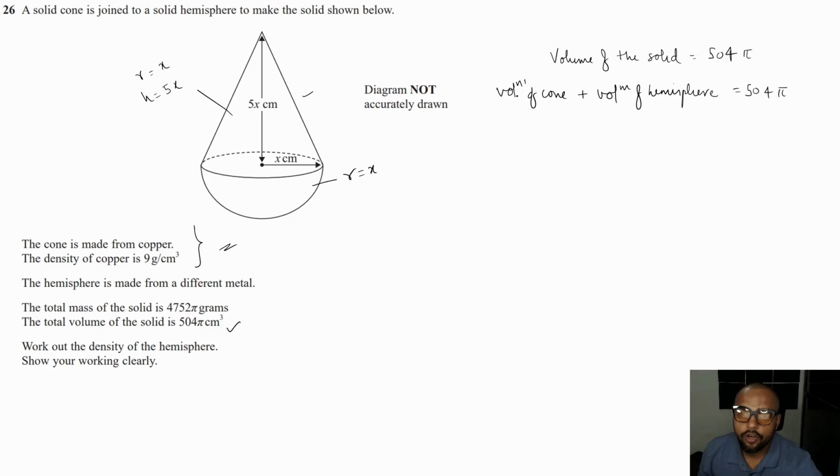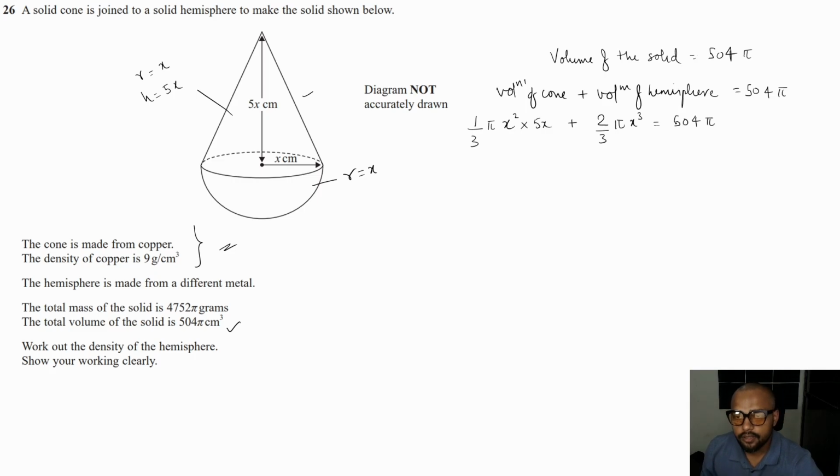We know the volume of a cone, students. It is given by 1 by 3 pi r square h. R here is x, so it will be x square, cross h, which is 5x, plus the volume of a hemisphere, students, which is 2 by 3 pi r cube. R again is x, so x cube, equals 504 pi. Okay, students.